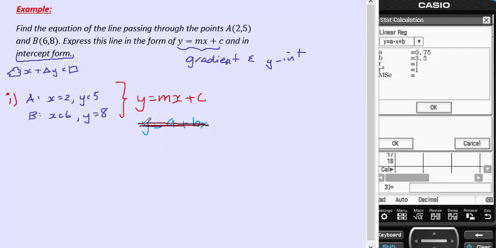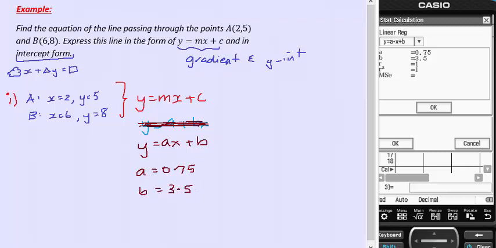That's out, and so I've scribbled that out in a very messy and unattractive way. I have to make sure I set my calculator as it's set here to y equals ax plus b. And when I set it like that, I find out that a equals 0.75 and b equals 3.5.